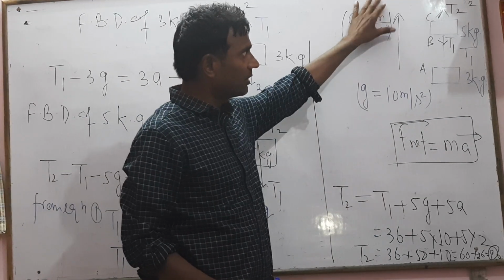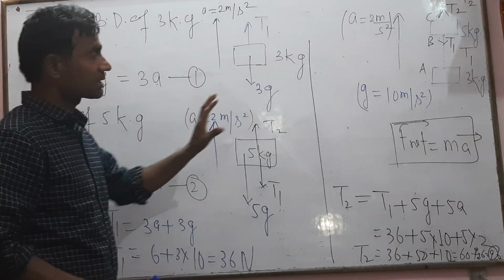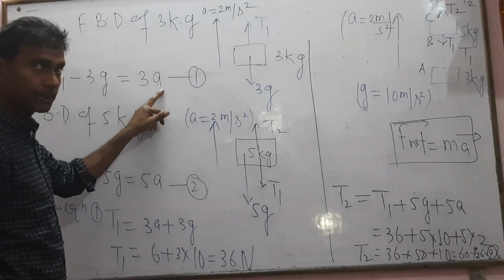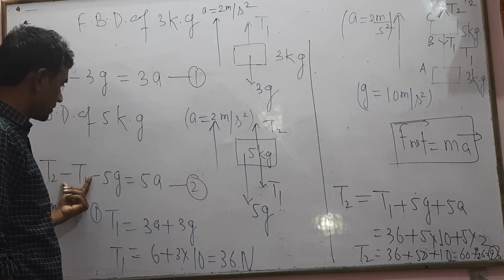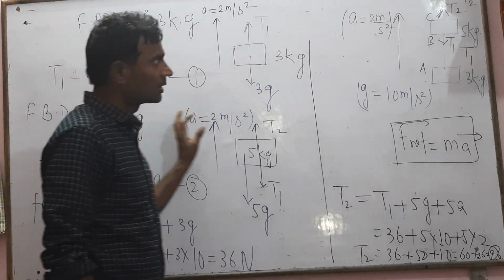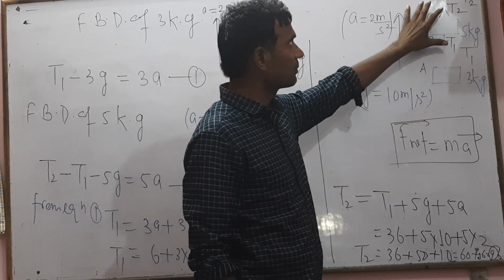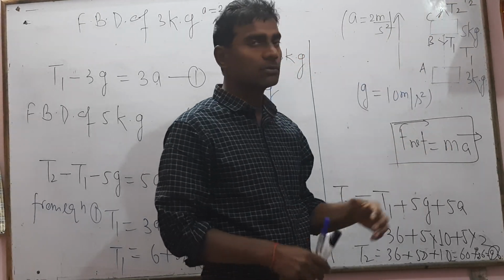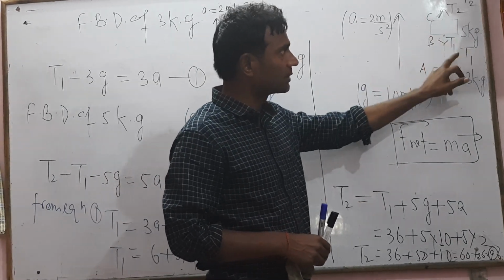If acceleration A is downward, the direction will be reversed: 3g minus T1 equal to 3 into A, and 5g minus T2 plus T1 equal to 5 into A. Since the two blocks are supported by the ceiling, you can say acceleration A equal to 0 meters per second square, so you can easily calculate the value of T1 and T2.